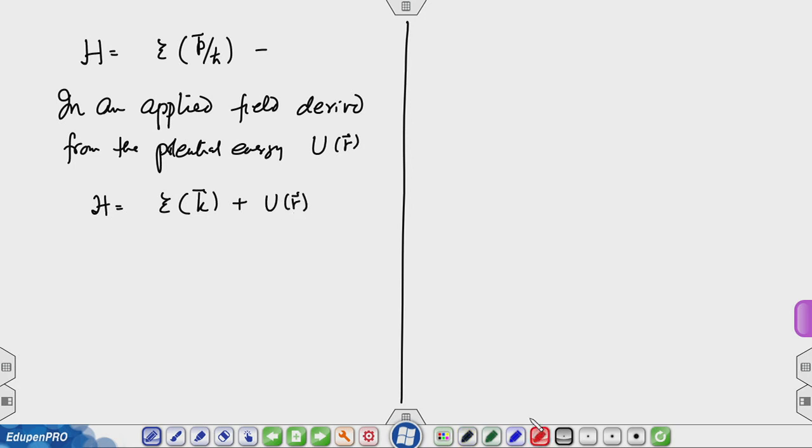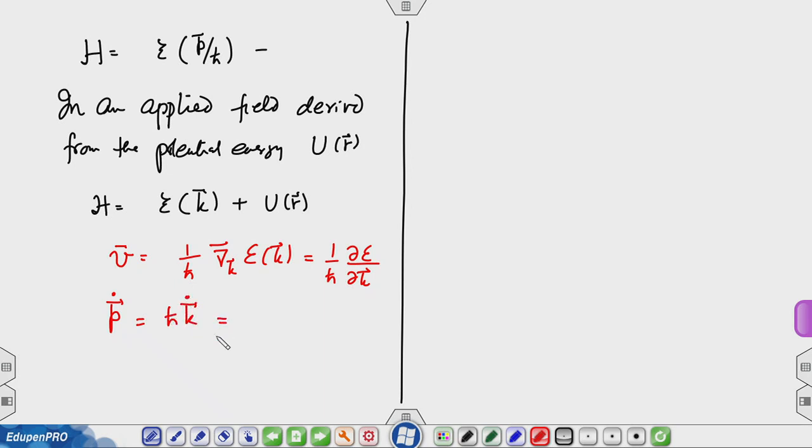And we have already seen that V is 1 over h cross grad k E k, which I was writing symbolically as del E del k. And now I can write the Hamilton's equation of motion and therefore write p dot, which is nothing but h cross k dot, also equal to minus del H by del R, which is minus grad of u r, which is the force.